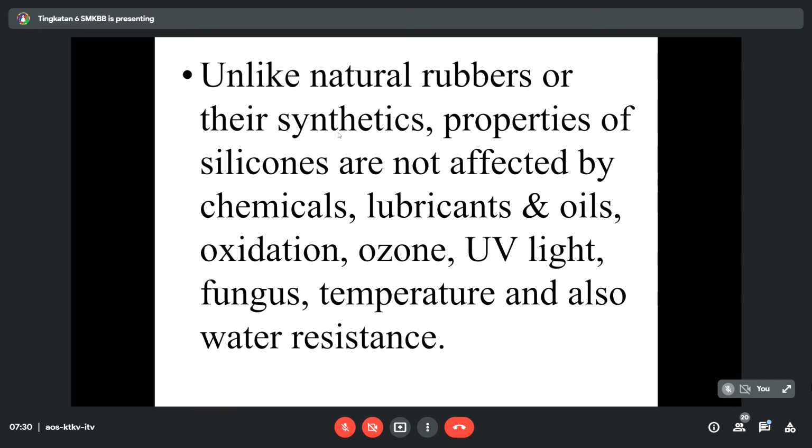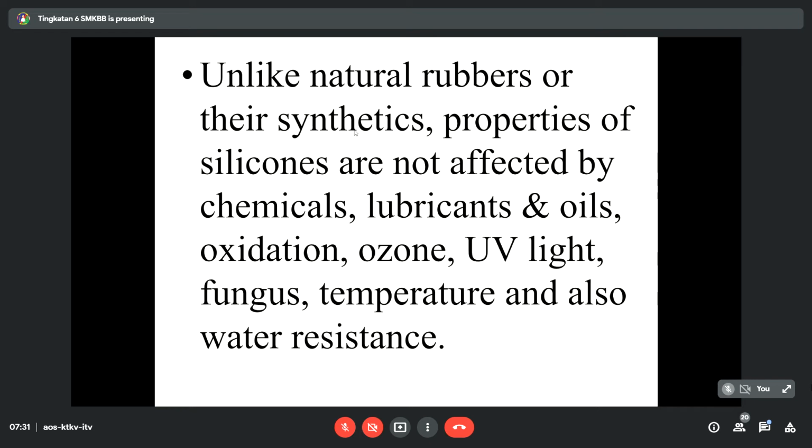Even synthetic rubber still has that problem, isn't it? Imagine a rubber hanger. If you always expose it under sunlight, you find that it will turn powdery, and eventually it may become so brittle that it just cracks like that.